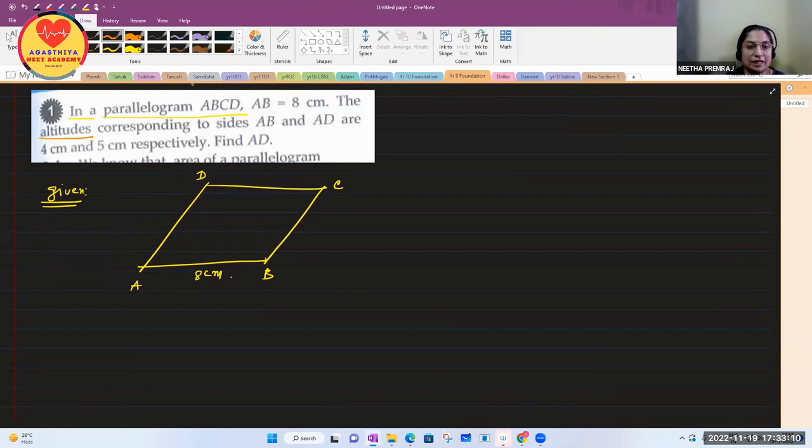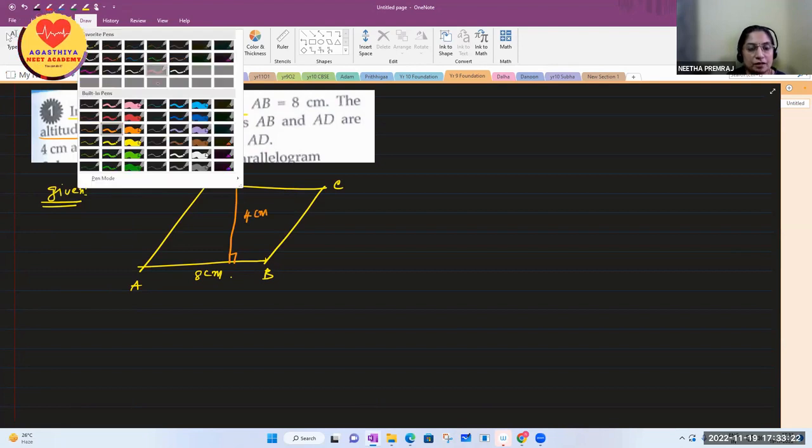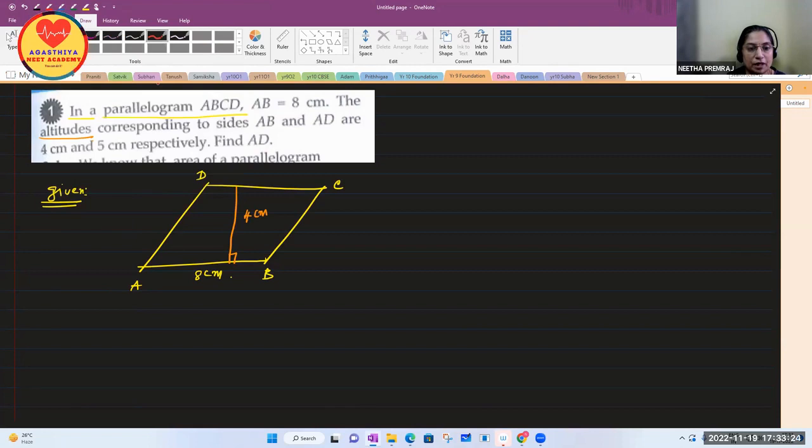The altitude corresponding to AB is this perpendicular height, 4 centimeter, and for AD the perpendicular height is 5 centimeter. It is given in the sum.